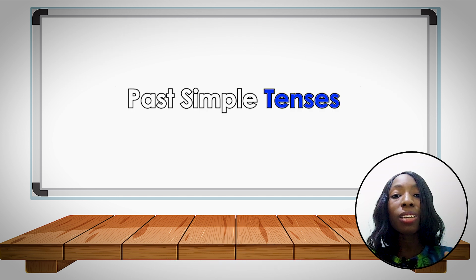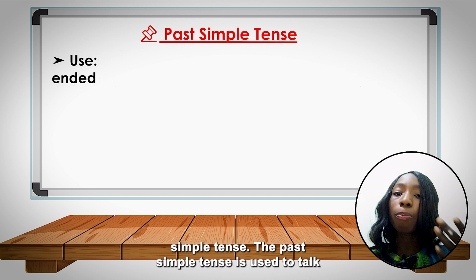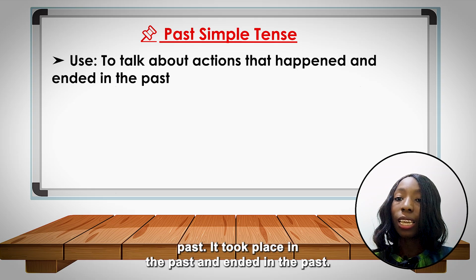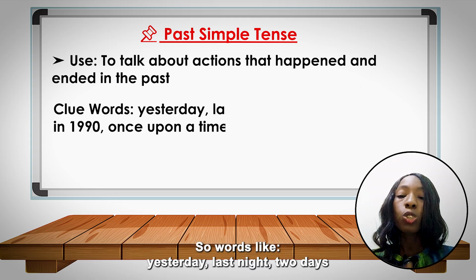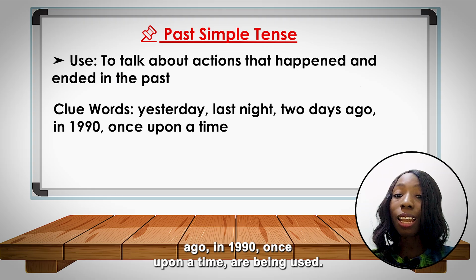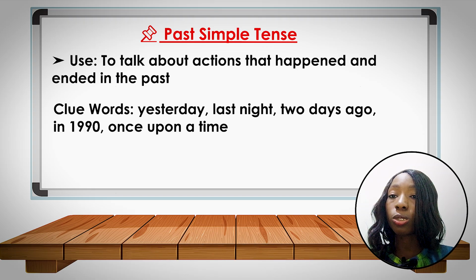Let's talk about the past simple tense. The past simple tense is used to talk about actions that happened and ended in the past. It took place in the past and ended in the past. So words like yesterday, last night, 2 days ago, in 1990, once upon a time are being used.